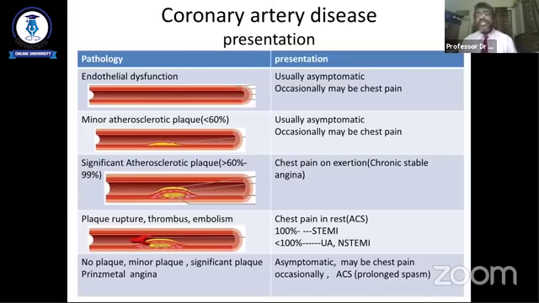It has some radiations, and may be associated with excessive sweating, nausea or vomiting. This chest pain may not be relieved by sublingual nitrates, and the discomfort may persist more than 30 minutes, even with sublingual nitrates and rest.